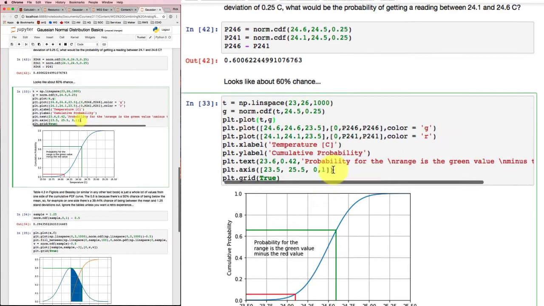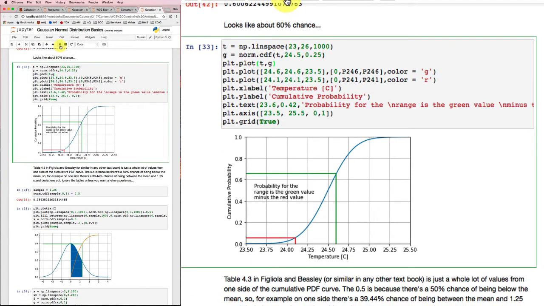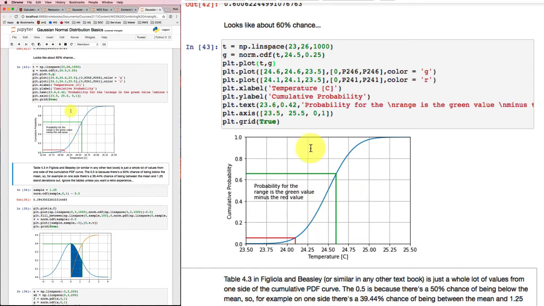Now once again down here, I can draw a picture for you that sorts all of that stuff out. And I can do the calculation and make the plot. So here I've got my function, norm CDF. I'm looking over a space between 23 and 26.